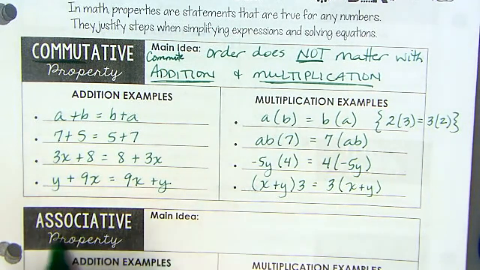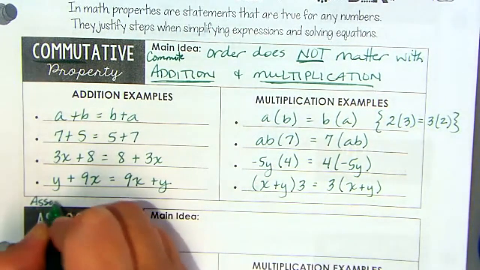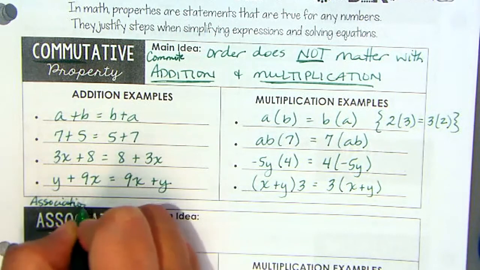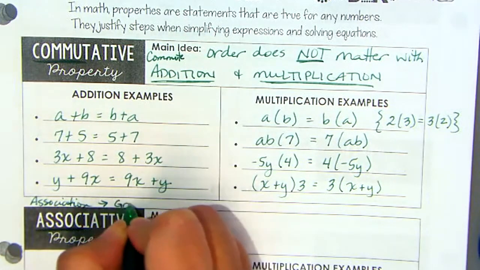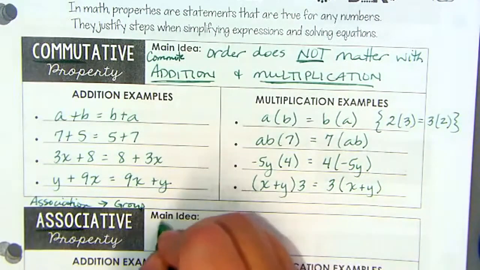Okay, associative. Association, that's a group. Association symbolizes a group. So our main idea is grouping.